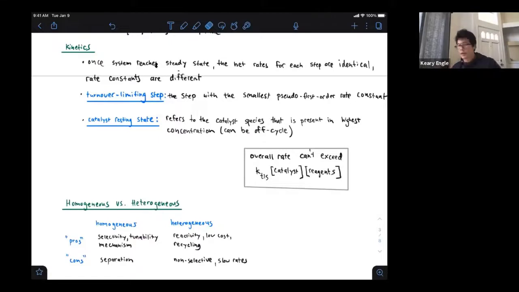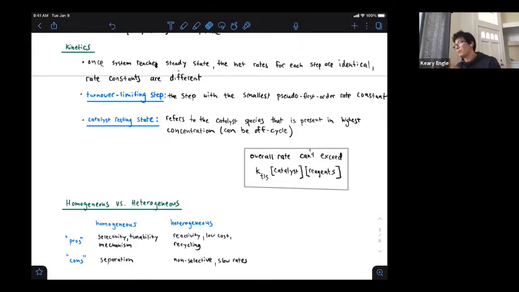And sort of the upper bound in terms of rate is defined by the turnover limiting step times the concentration of total catalyst in solution times the concentration of the reagents. So yeah, again, I think at first glance, this might be a little counterintuitive to people, but just think that as the cycle's turning over, every single step is happening at the same rate because it's under steady state.